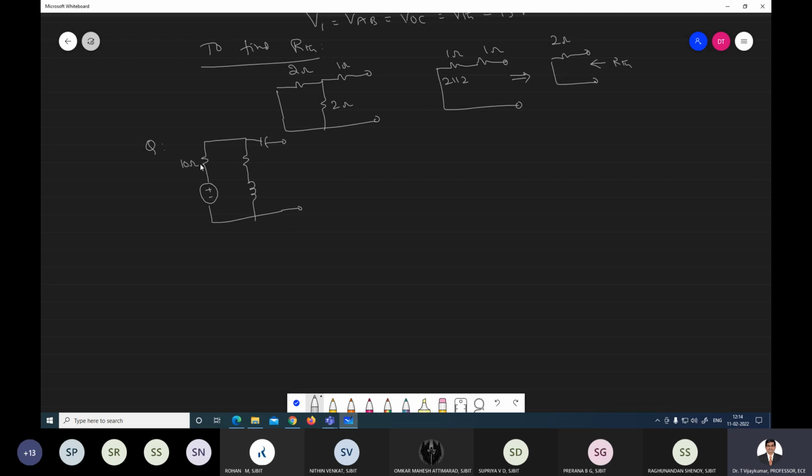It is 10 ohm, and this is 10 at an angle of 0 degree volt, and this is 3 ohm, and this is j4 ohm, and this is minus j10 ohm, and this is the terminal AB. Find out this. This becomes a loop now. You can assume the loop current.